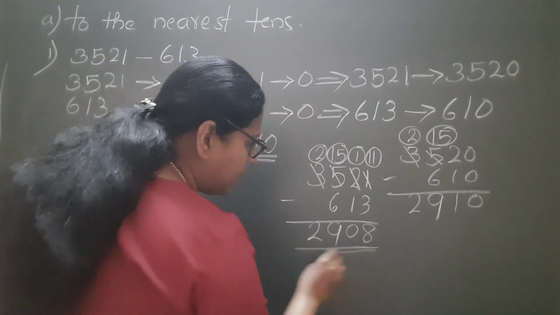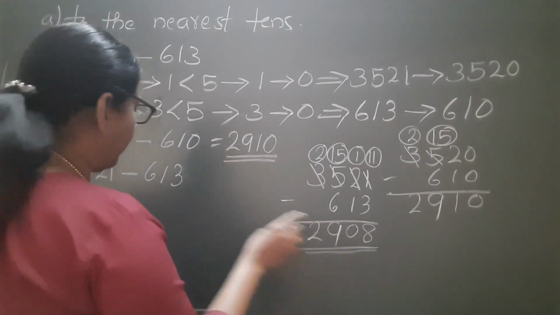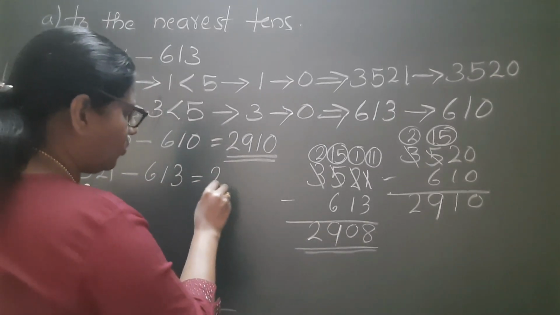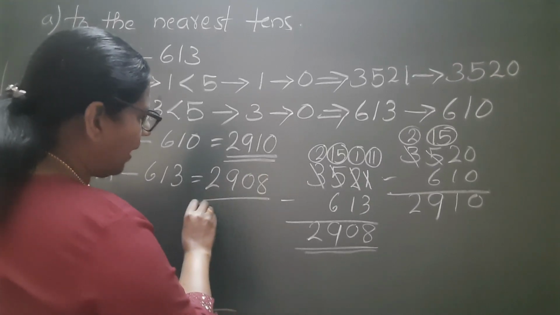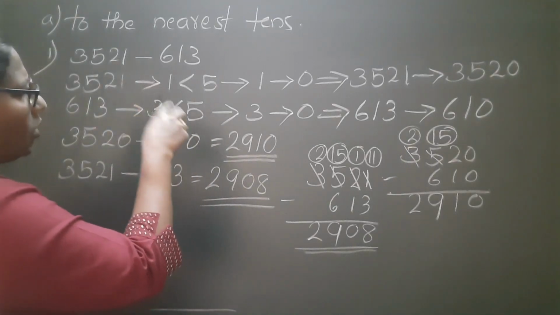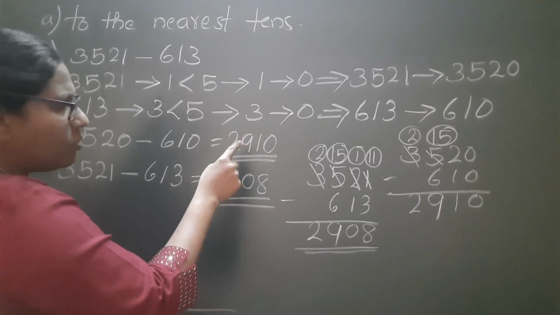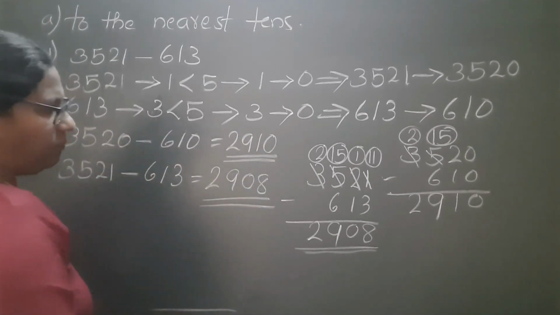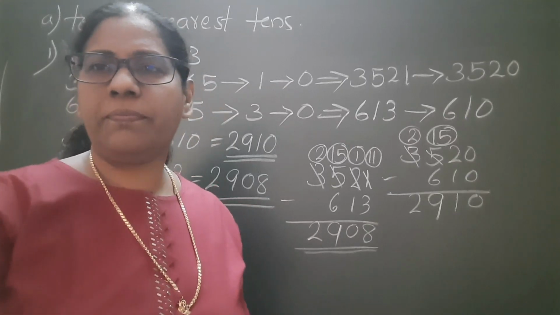So the answer is 2908. This is the actual difference. And after rounding off, we have done estimation and got the answer 2910. This is how we have to solve this.